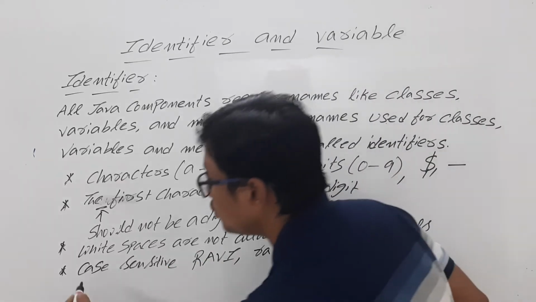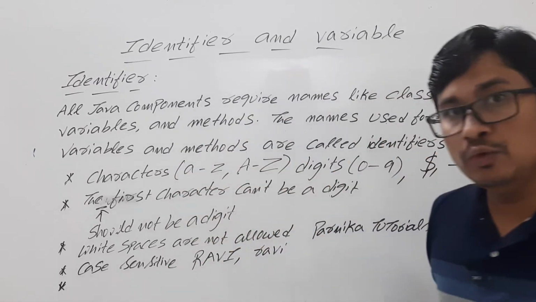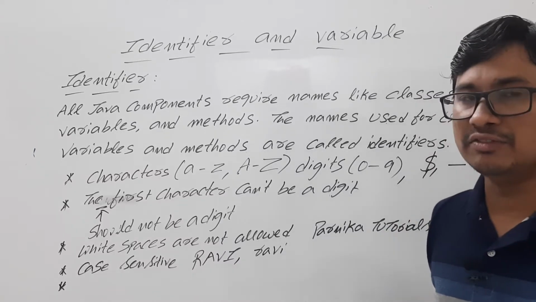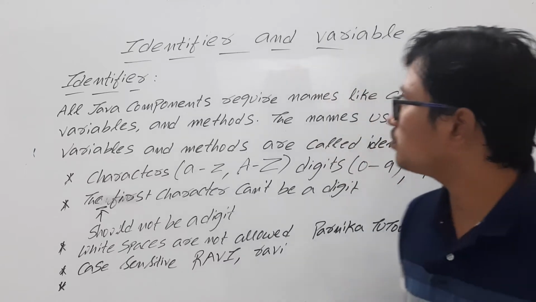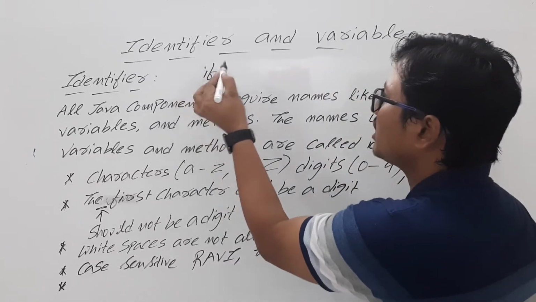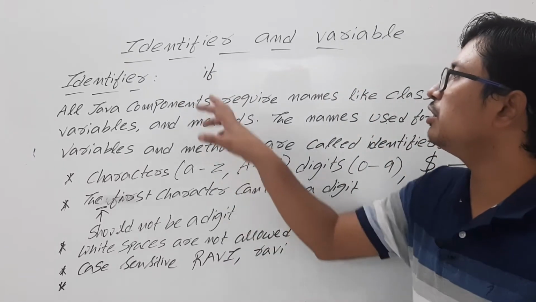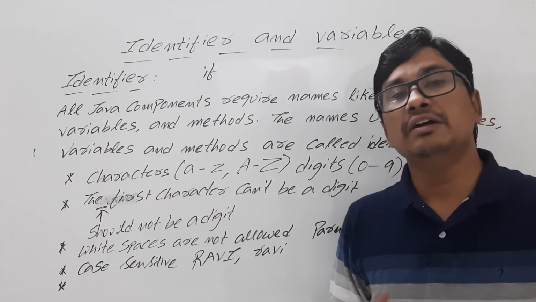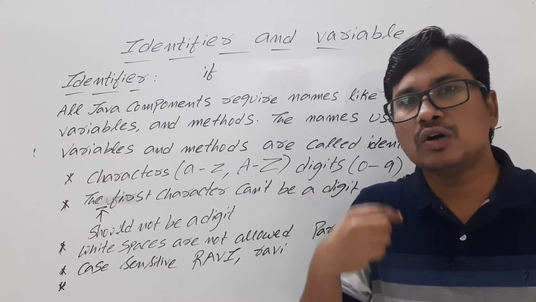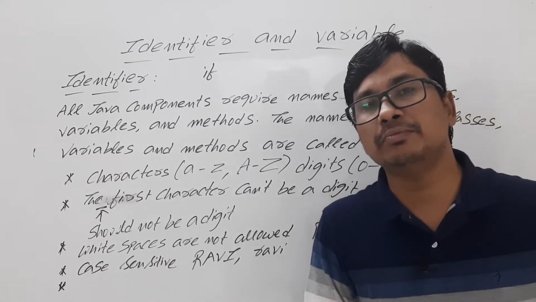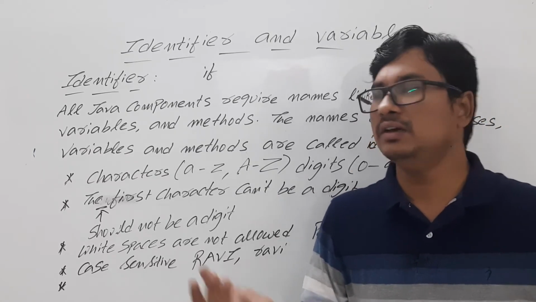And remember one more important point: keywords you cannot use as an identifier. A keyword has a specified meaning. Suppose you have the if keyword. This if keyword is useful for you to do the if condition. Similarly, you have else, which is also a keyword with a specified meaning. You cannot change the name of that one.